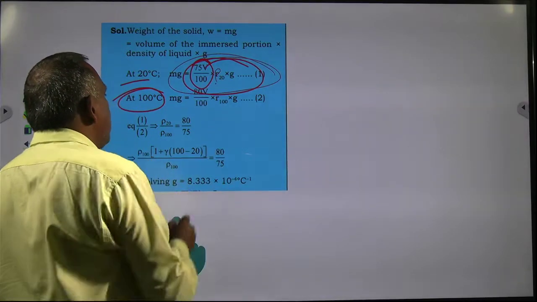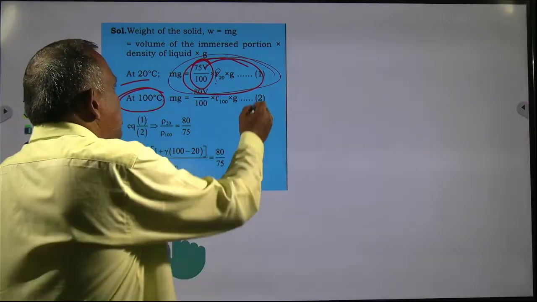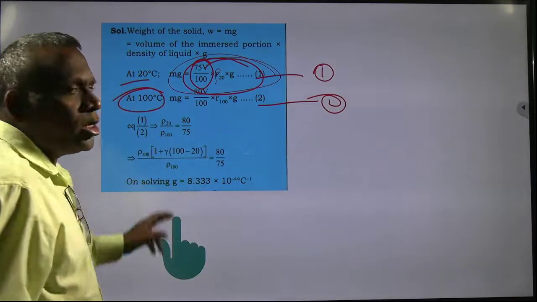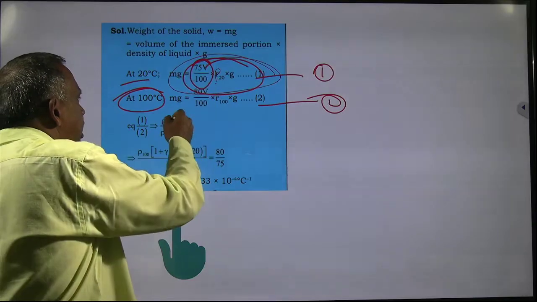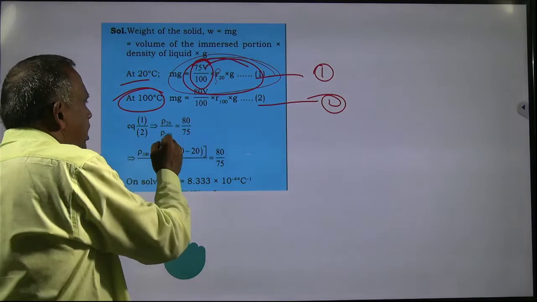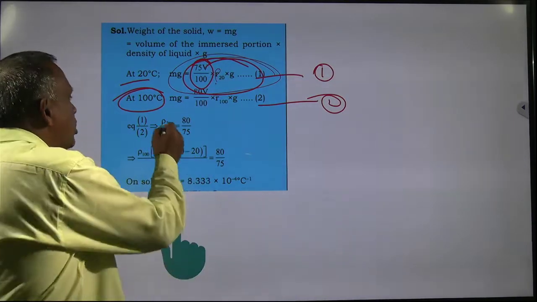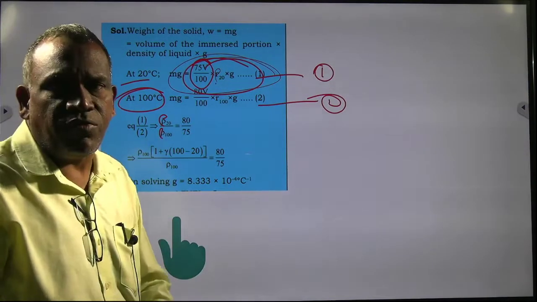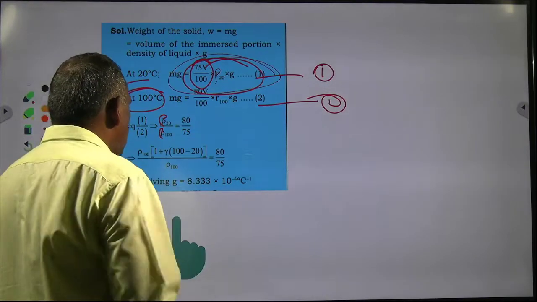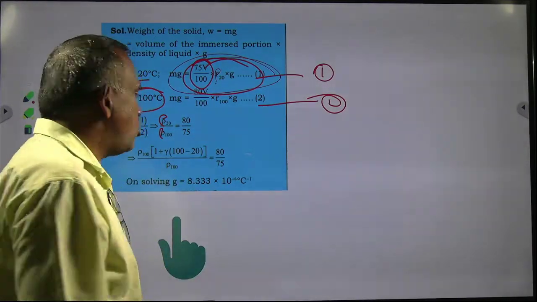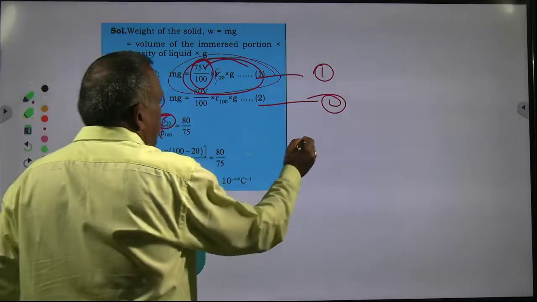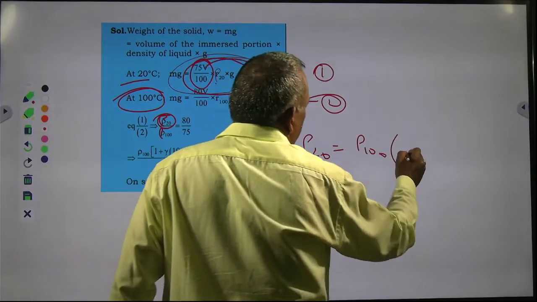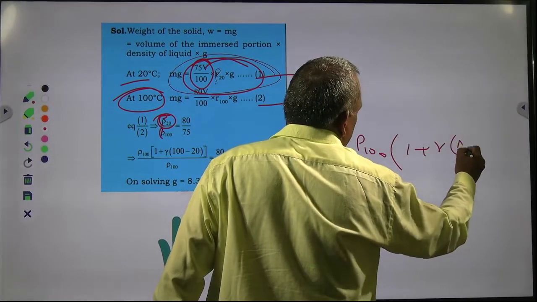If you take the first equation and the second equation, first upon second, you will get rho 20 by rho 100, the density at 20 degrees by the density at 100 degrees, equal to 80 by 75. In terms of real expansion, rho 20 can be written as rho 100 into (1 plus the real expansion into the change in temperature).